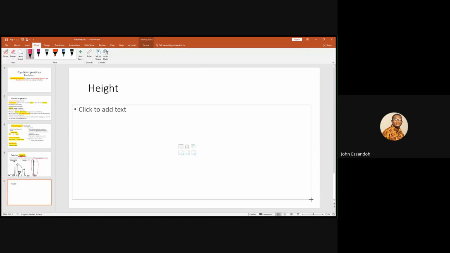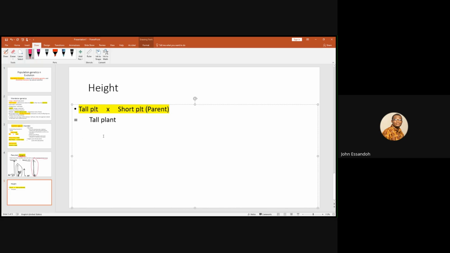He crossed the pea plants like this: tall plant crossed with short plant. And guess what? All the children came out to be tall plant. Wow. So these are the parents, right? Parents here.